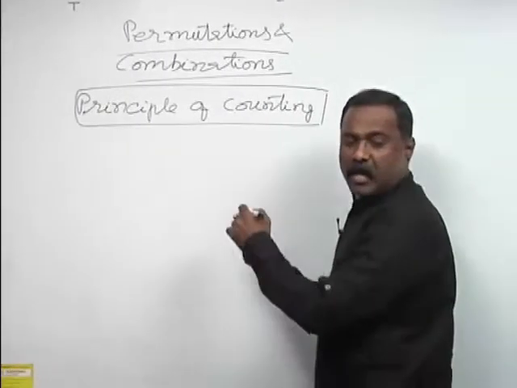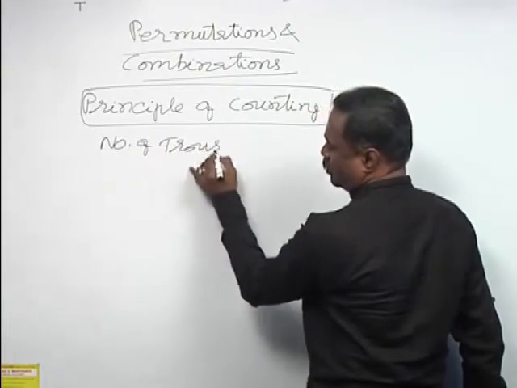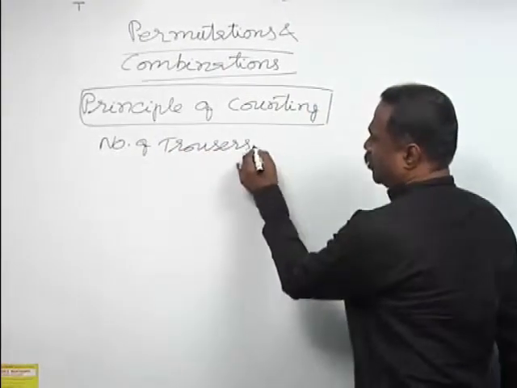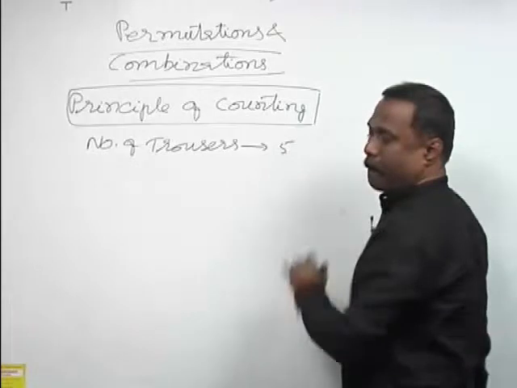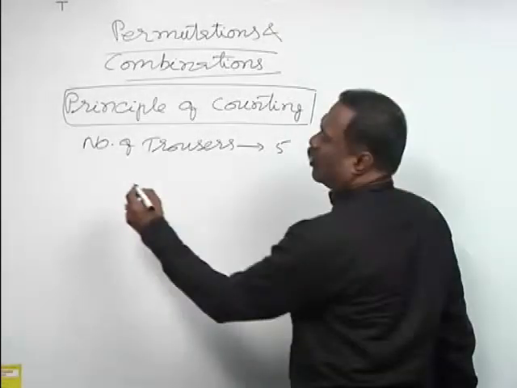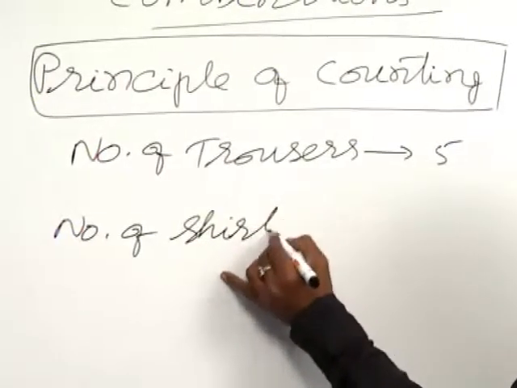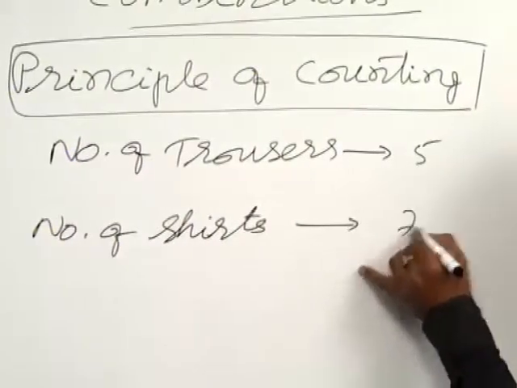That is, number of trousers is 5. Trousers are nothing but pants, I can say. And number of shirts is 7.